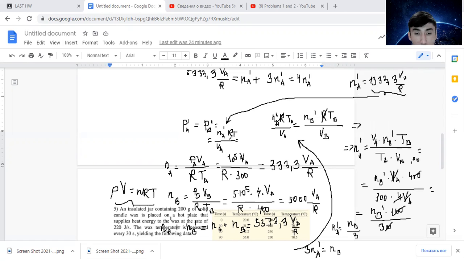So let's write the result of calculation, because here will be only this number and the temperature. So here will be approximately 400,000 Pascal.